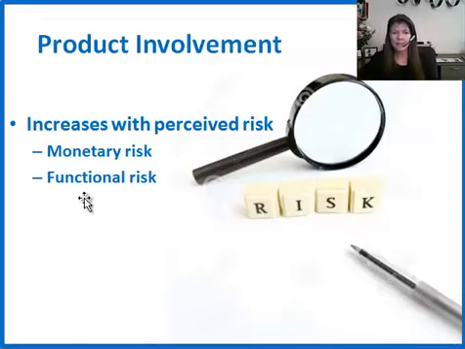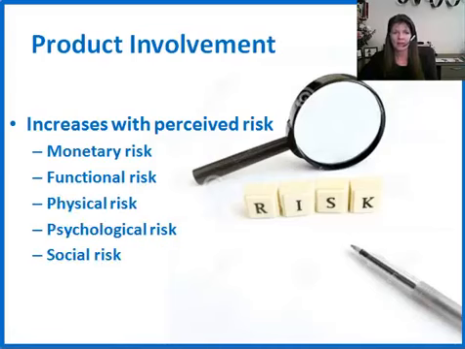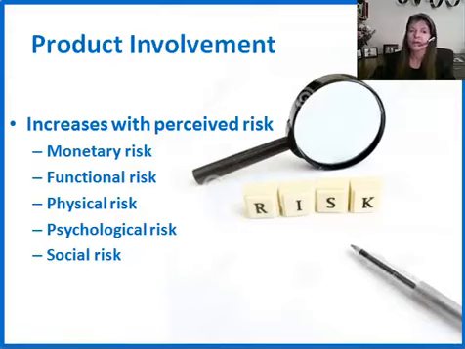All right, let's add some more risks here because there are three more that are really interesting. Physical risk: buying or not buying this product could affect your health or your vitality. Some examples of products that might fall into this category would be drugs. What is the risk of not buying the drug? What is the risk of side effects if you do buy the drug?